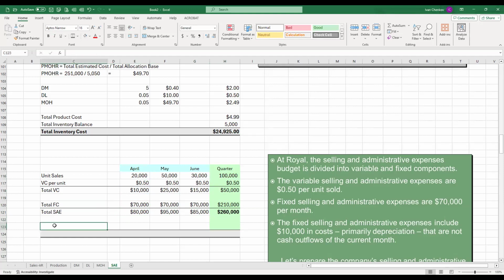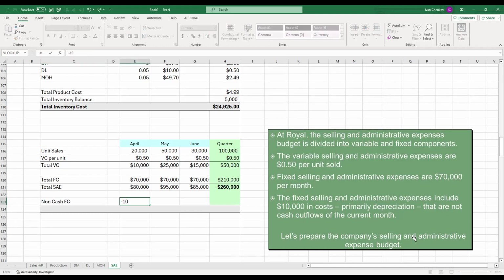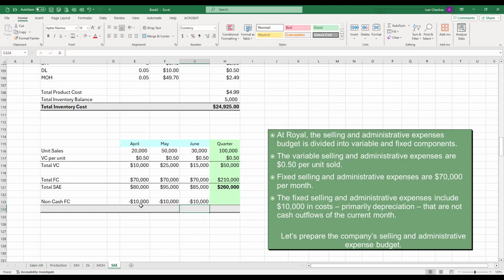The last thing that I need to eliminate is the non-cash item. Non-cash item fixed cost, which I have 10,000 here, 10,000 here, that's negative, and 10,000. In total, that's negative 30,000.